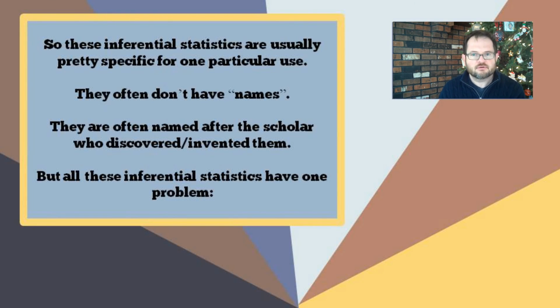It's just Z. Most of these inferential statistics or test statistics don't actually have a name. The ones that do have names tend to be named after the person who discovered or invented them. For certain types of tests, for example, you might use what's called the Mann-Whitney test, so you would compute the Mann-Whitney statistic, or the Wilcoxon statistic.